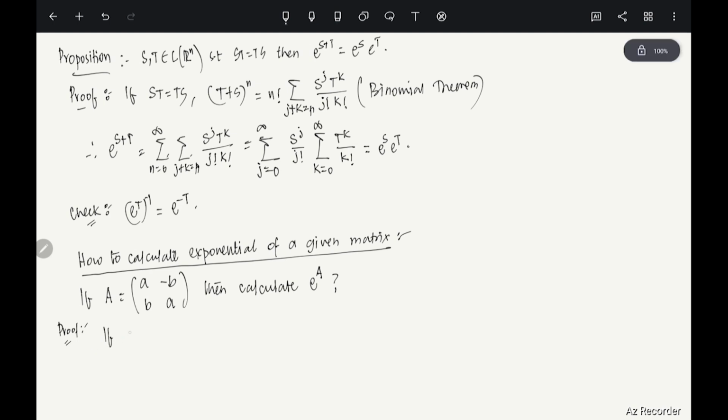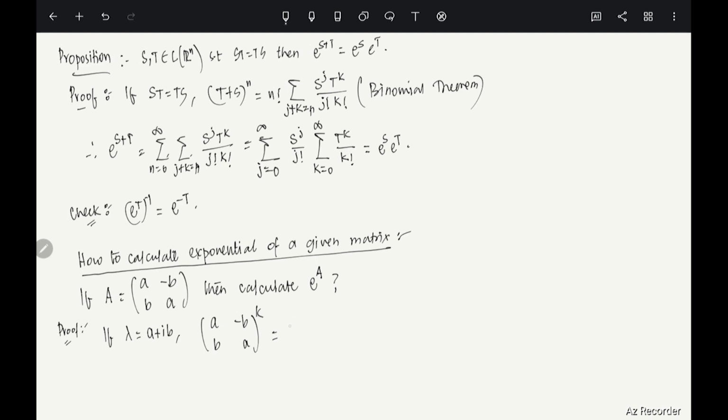If we write lambda to be a plus ib, this is a complex number. Then you see a minus b, b a power k. This is the small trick which we are using.